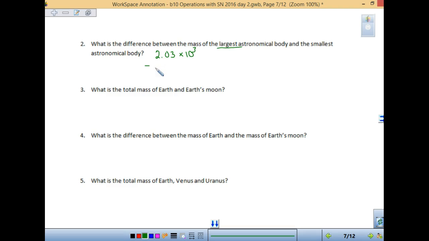What do we have for our smallest one? 1.09 times 10 to the 22nd, which is Pluto. Okay. So, we cannot subtract these as they are written, correct? We just said we have to go big, right? We want to go big on these two. So, which means what power should we keep them to?